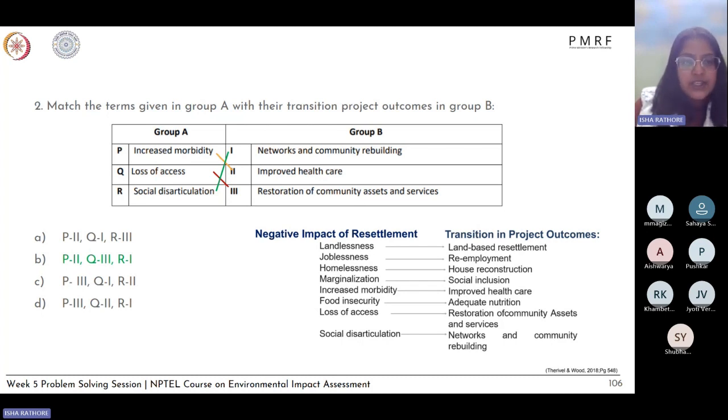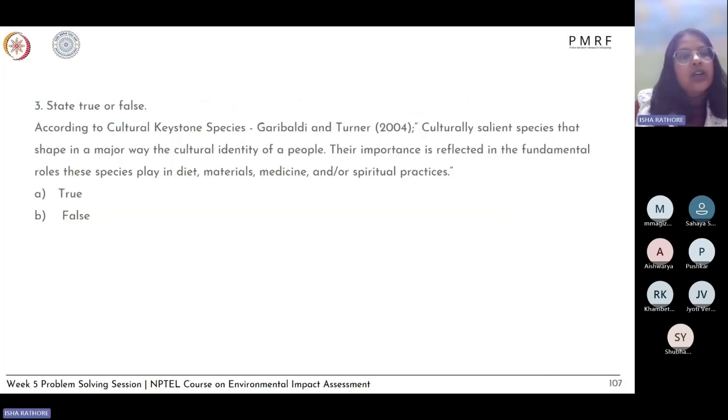And social disarticulation, which is a negative impact of resettlement, can be transitioned to networks and community rebuilding activities, which can be undertaken at the resettlement site. So R matches with 1. So the option B, that is P matches with 2, Q matches with 3, and R matches with 1, is the correct answer. Okay, moving on to the next question.